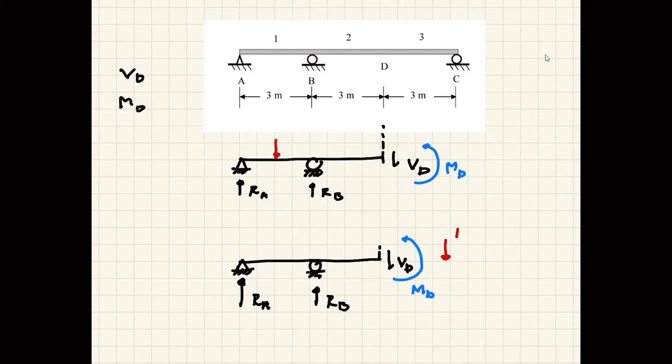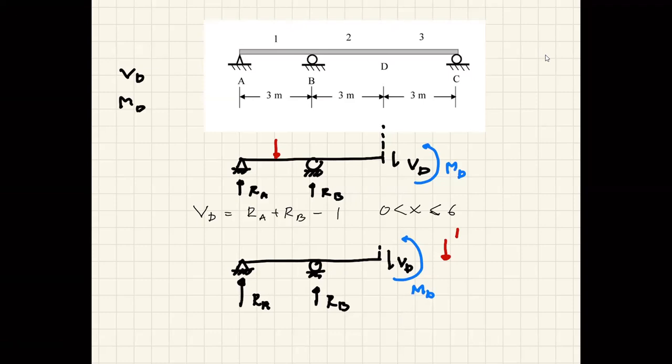So you can see from this free body diagram, the one here, I can say my VD is equal to RA plus RB minus 1. But this is valid only when my X is larger than 0 but does not exceed 6. That's where D is, right? X equal to 6.